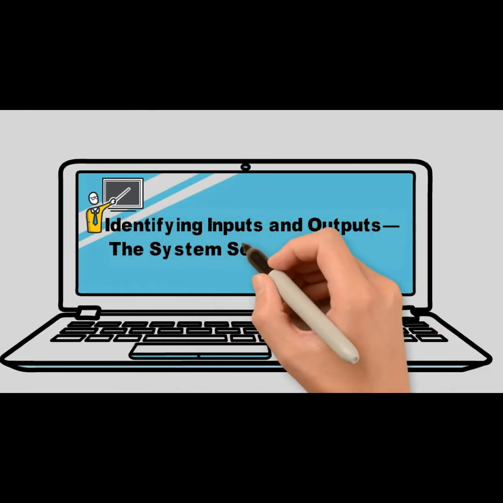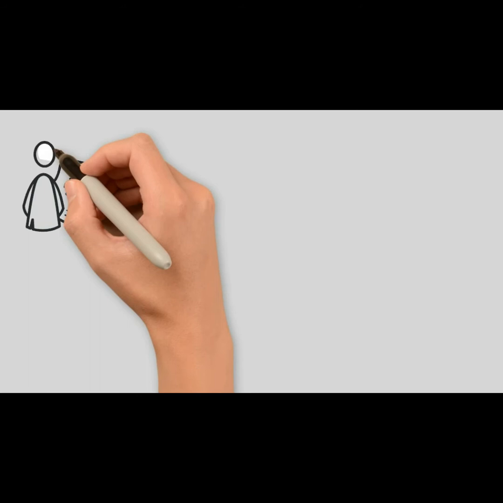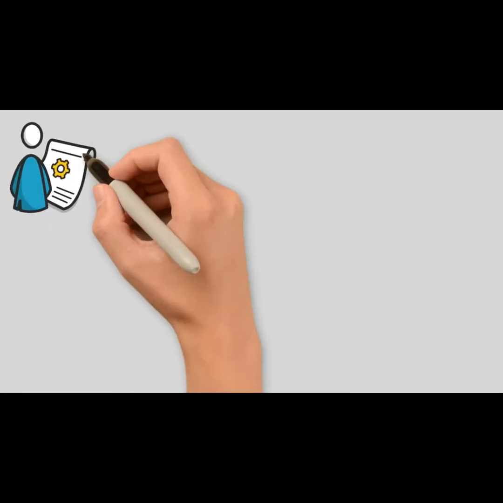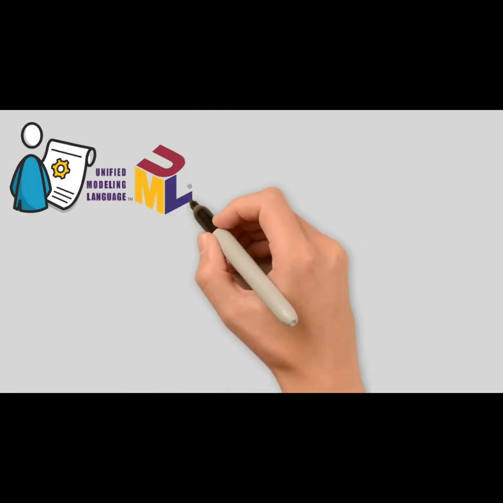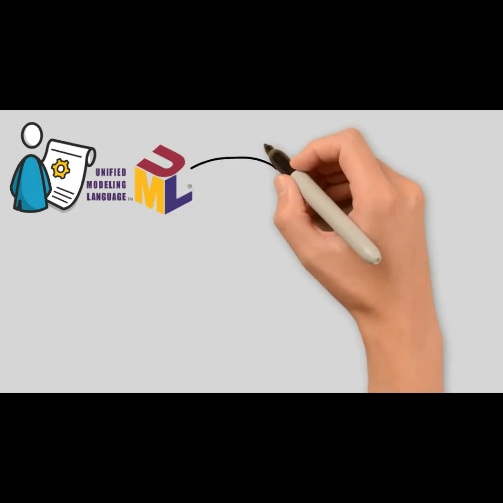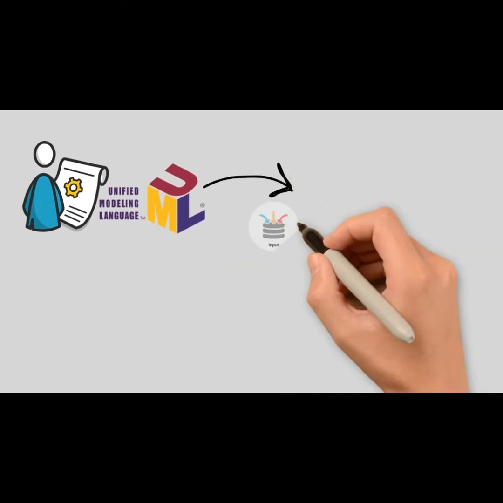Identifying inputs and outputs: the system sequence diagram. A system sequence diagram, also known as SSD, is a type of UML interaction diagram. It is used to describe the flow of information into and out of the automated system.